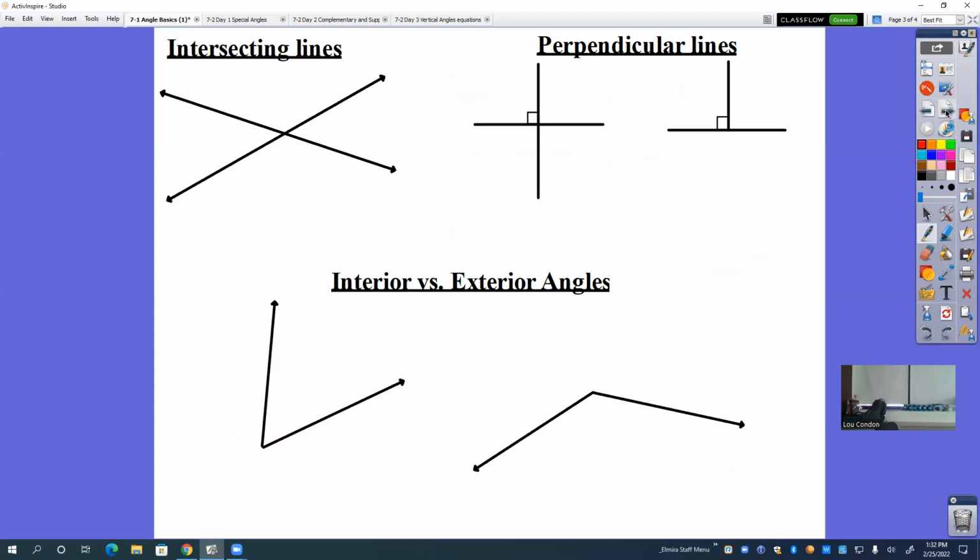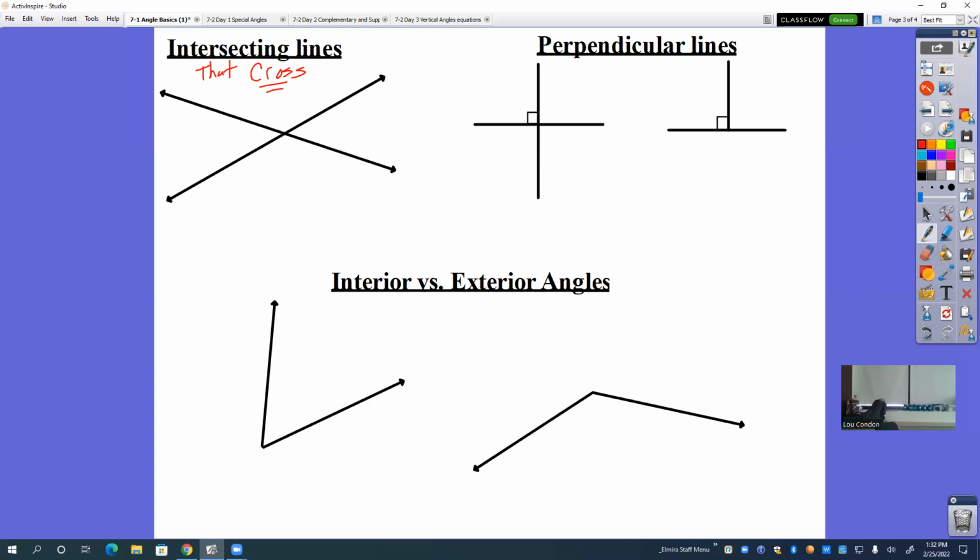So the next part of our lesson is about lines and angles. Intersecting lines are whenever you have two lines that cross each other. If you see two lines that cross, then you have intersecting lines.